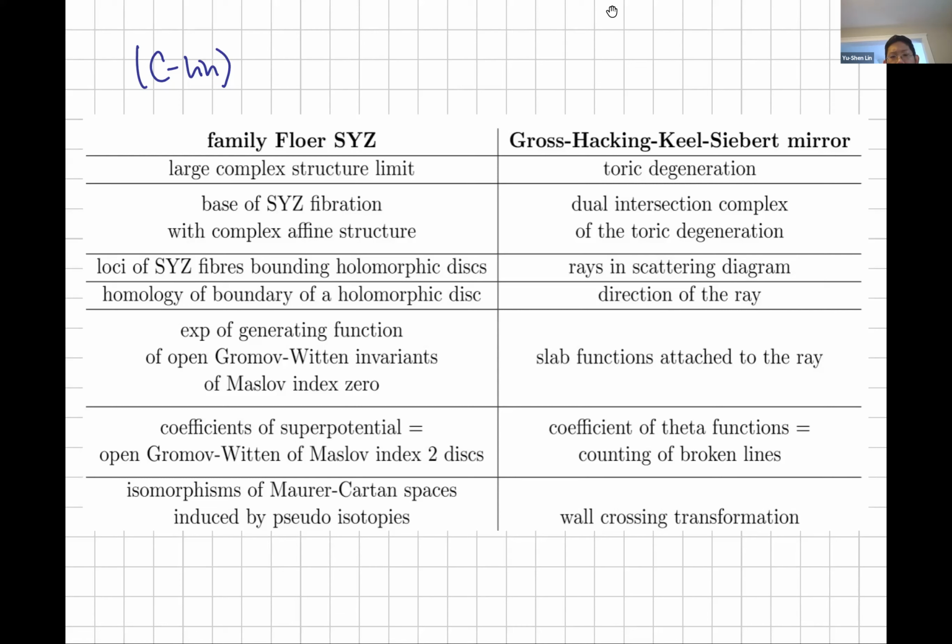Maybe let me comment. There's my work with Xuchuan and Zhongru Li. We proved that for the case of, say, P2 with a smooth anticanonical divisor removed, Tristan, Adam, and I constructed a special Lagrangian fibration on it.